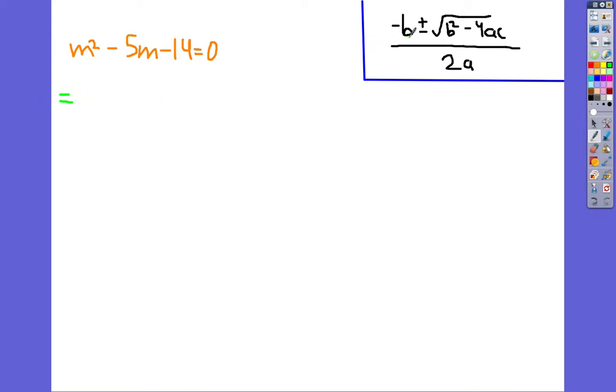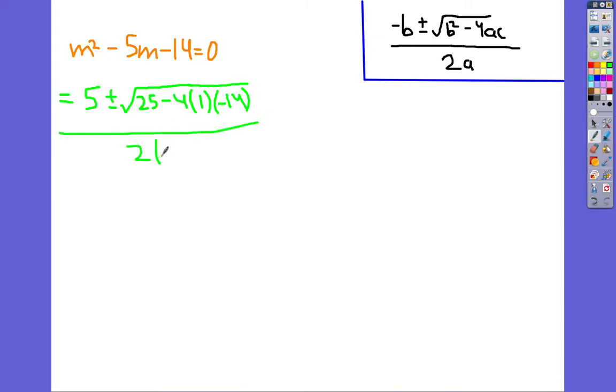Our b term in our equation is negative 5, and negative 5 times this negative over here is 5, so it equals 5 plus or minus the square root of b squared, and our b is negative 5, and negative 5 squared is 25, minus 4 times a, our a term is 1, times c, and our c term is negative 14. And all of that over 2a. A is 1.